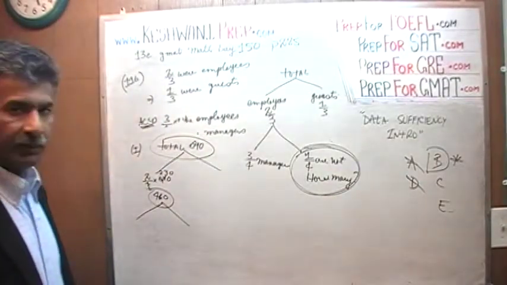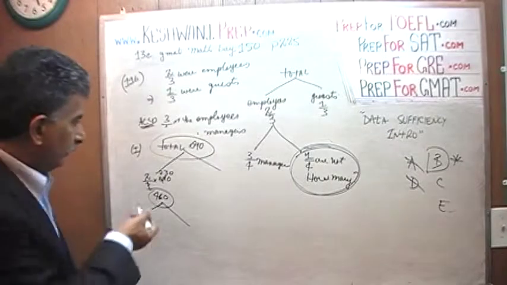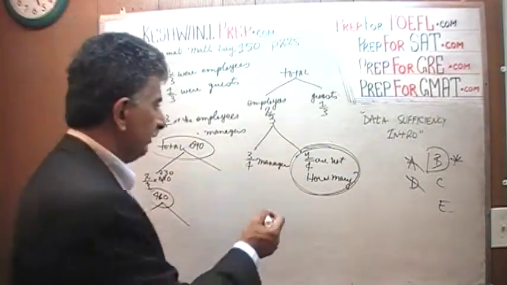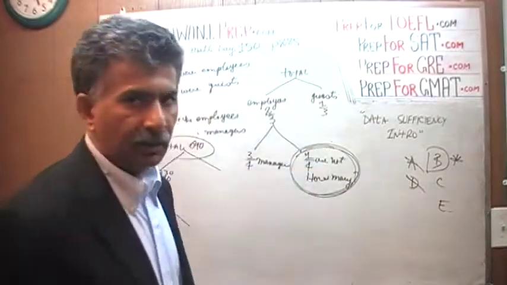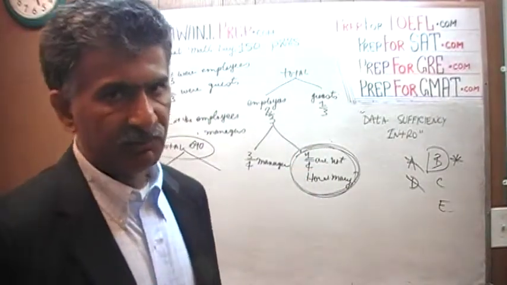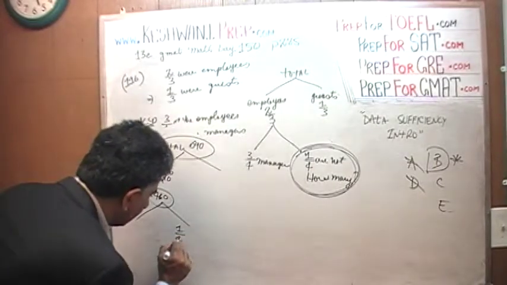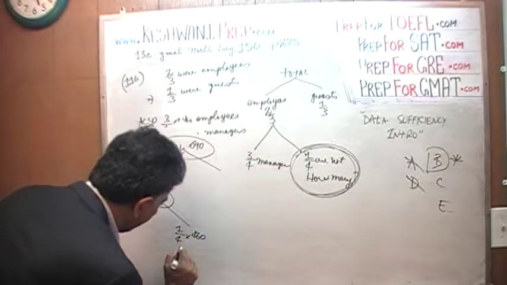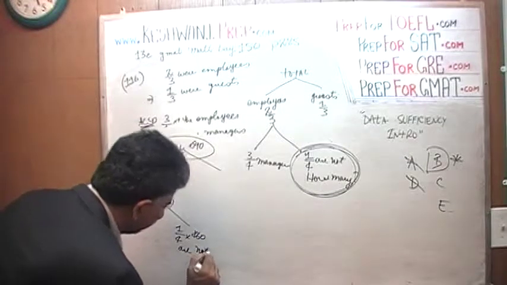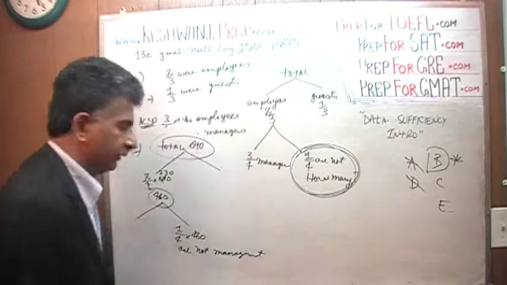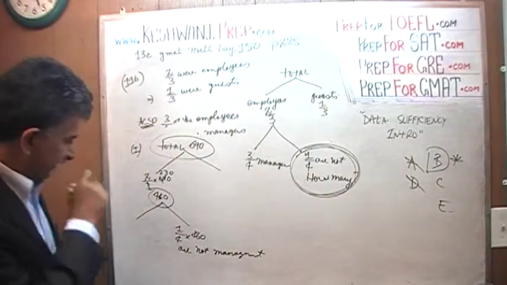We don't actually have to do this in a real exam. We just have to see that it is doable. The number of company employees who are not management is 1/4 of 460.